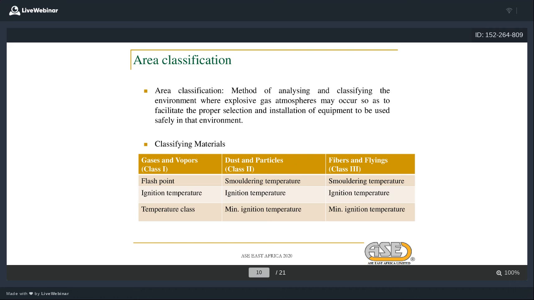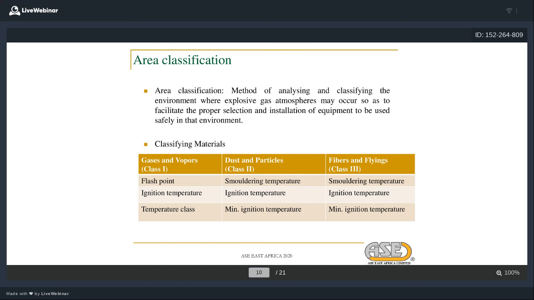Normally, in a flammable liquid, if the temperature causes vapor at the surface of that liquid, the lowest temperature to cause that vapor, we call flashpoint.